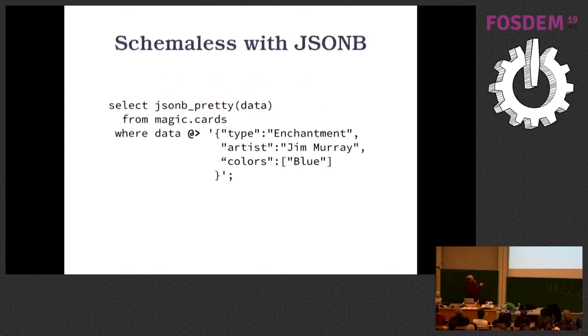The third thing is you can go schemaless with JSONB, as we said before. So I loaded the whole set of Magic the Gathering, the card game. Some of you might have been playing that before. The data set is available as JSON, so I just loaded it as it was.